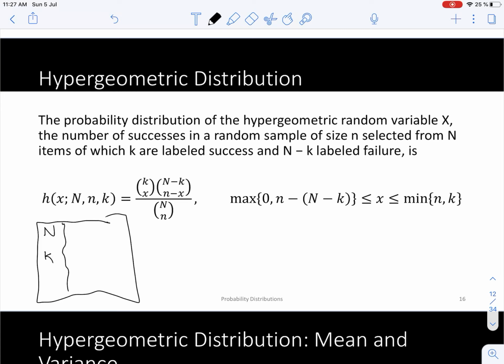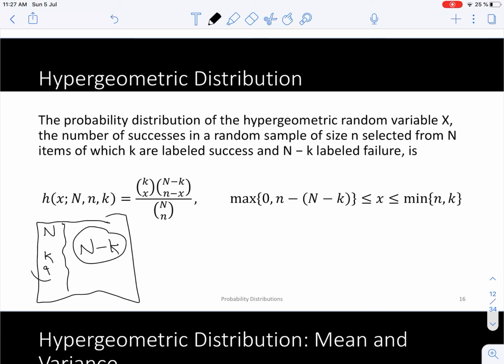K of them are labeled. That means that they are defective objects, or they are objects of one specific type. And of course the remaining section, N minus k, have a different label, right? So if k means defective products, there are k defective products, then there are N minus k that are good products, just to give an example.